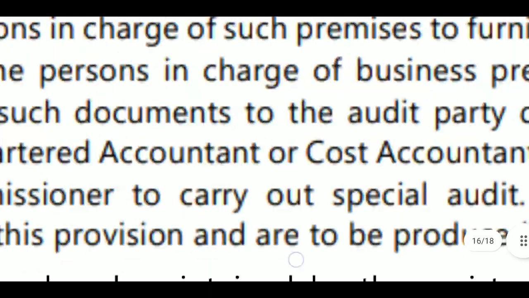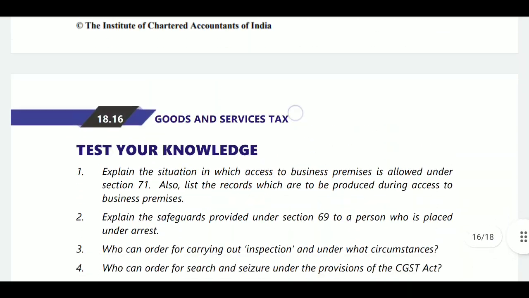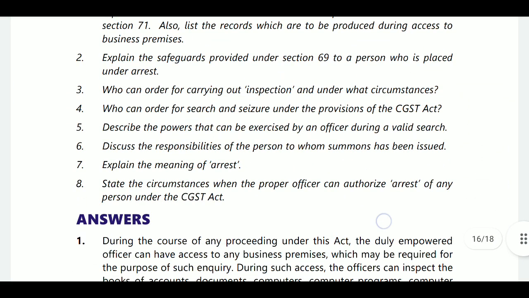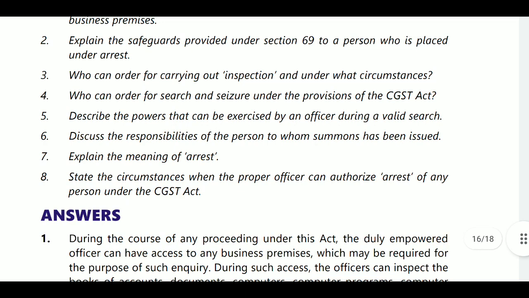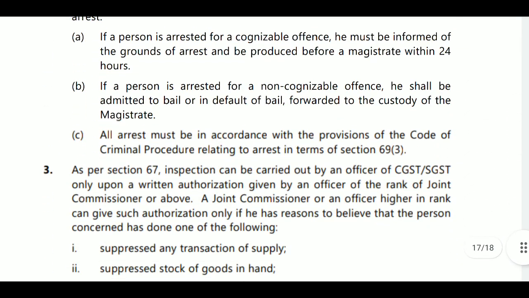Next, that is the fifth question. Describe the powers that can be exercised by an officer during a valid search. If a person is searching, what powers does that officer have?